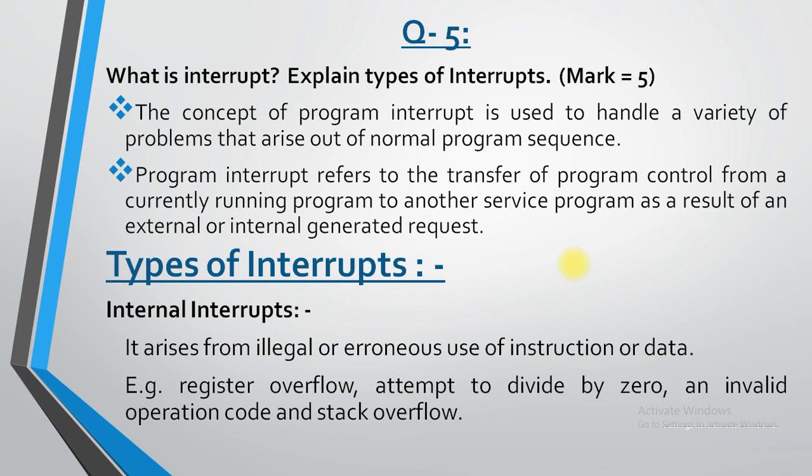Three types of interrupt we have discussed: internal interrupt, external interrupt and software interrupt. Generally, an internal interrupt occurs when you try to apply illegal operations, like a number being divided by 0, or when a register or stack overflow error occurs. At that time an internal interrupt is generated.